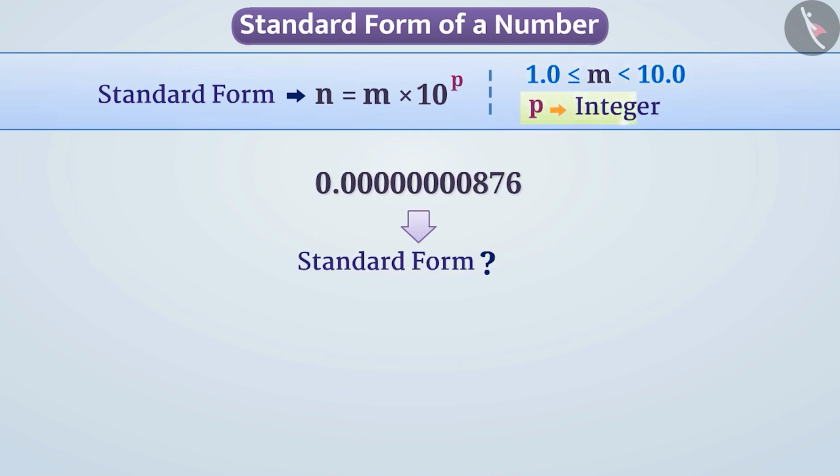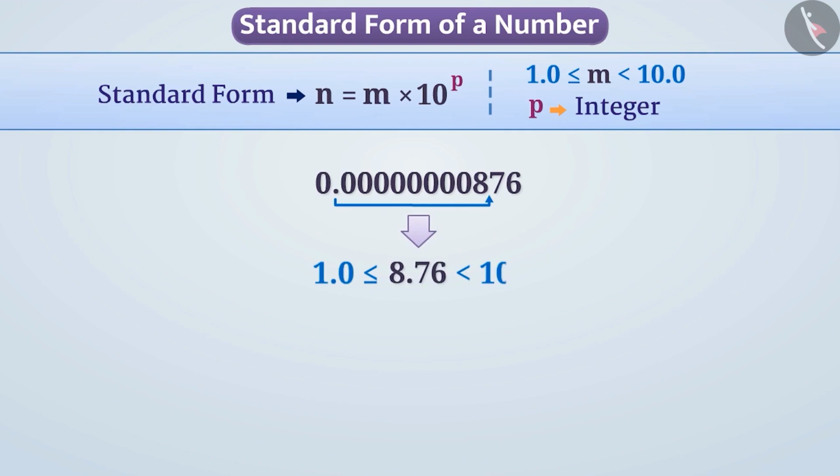We see that when the decimal point is moved 9 places towards the right, we get the number 8.76, which is greater than 1.0 but smaller than 10.0. In this way, we can write 8.76 in place of m.